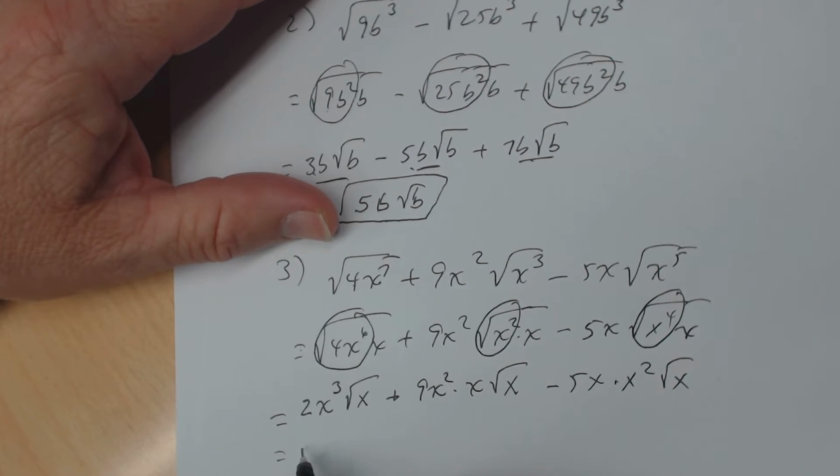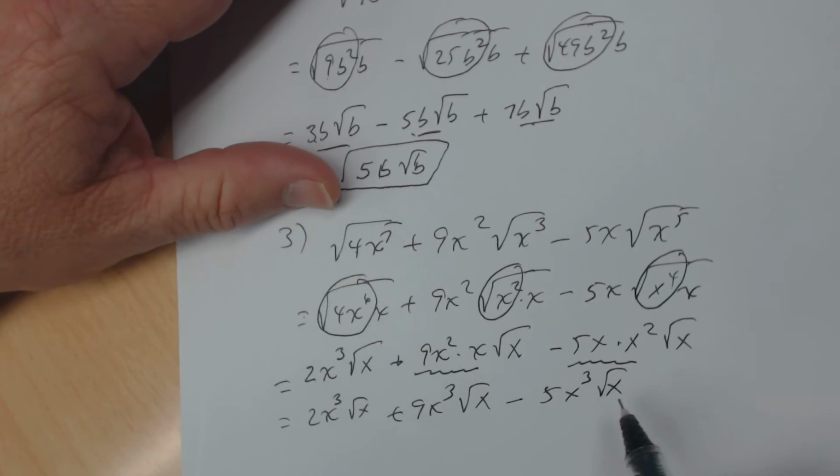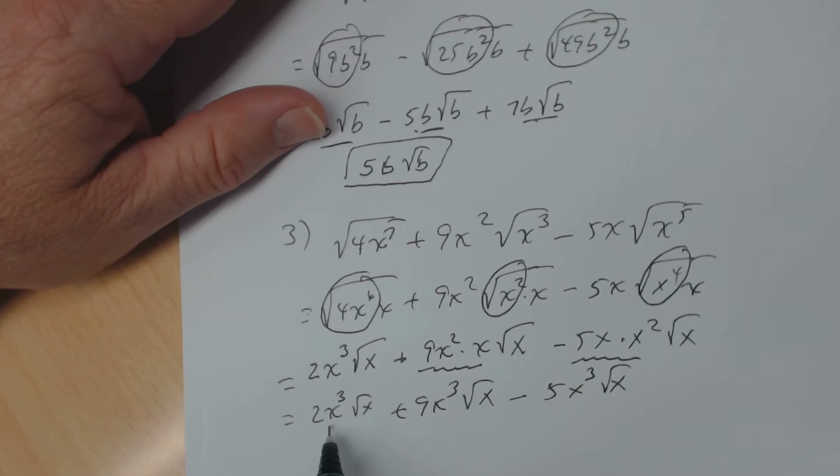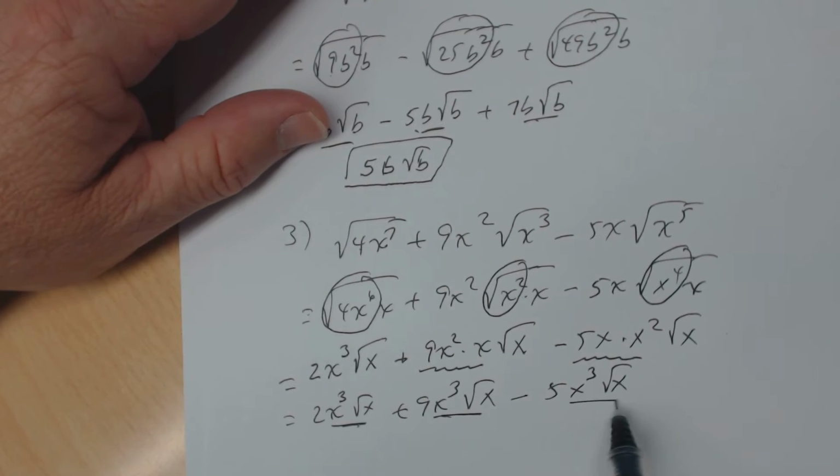So this is 2x cubed square root of x. Now 9x squared times x is 9x cubed square root of x, and 5x times x squared is 5x cubed square root of x. So notice, all of these terms have an x cubed square root of x. So they're all like terms.